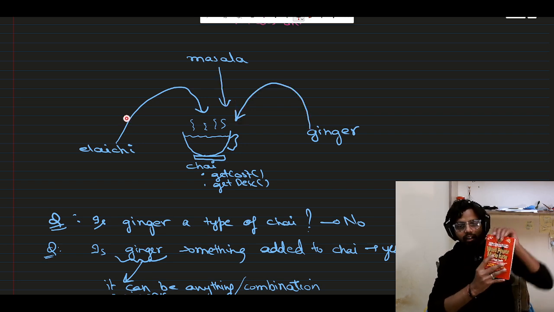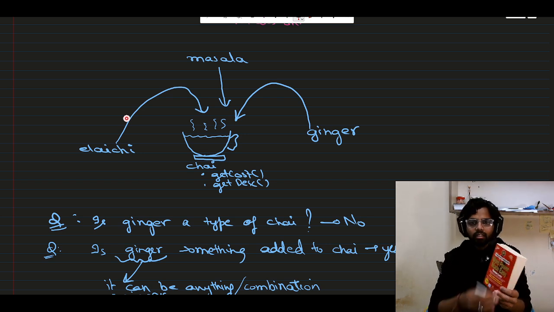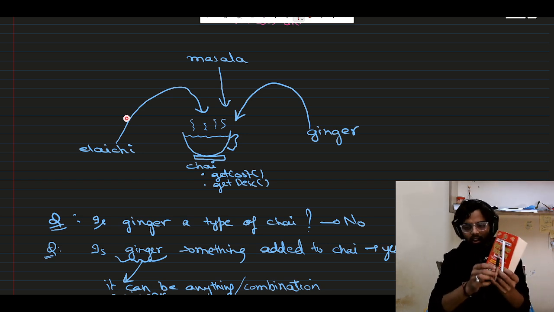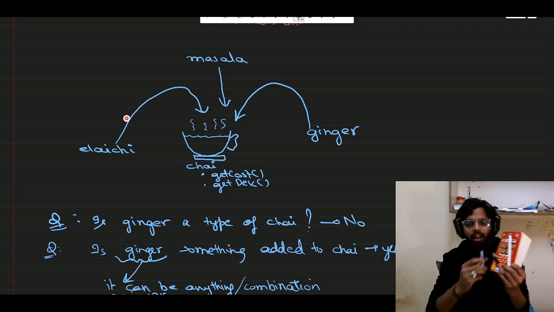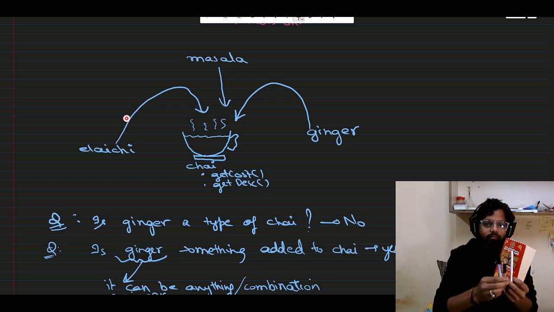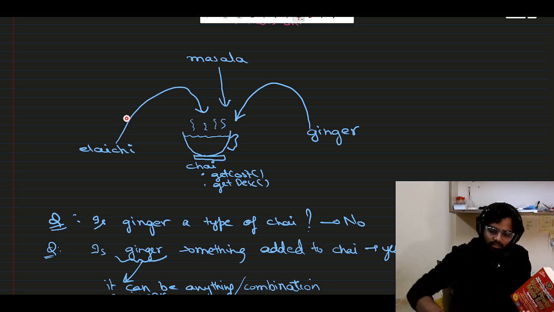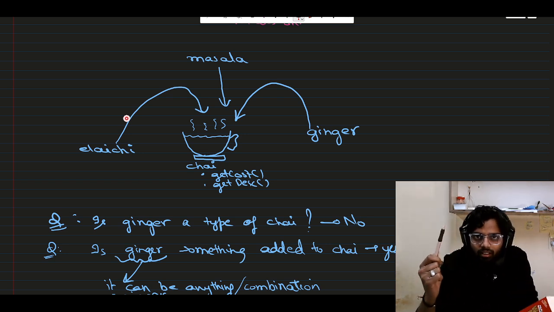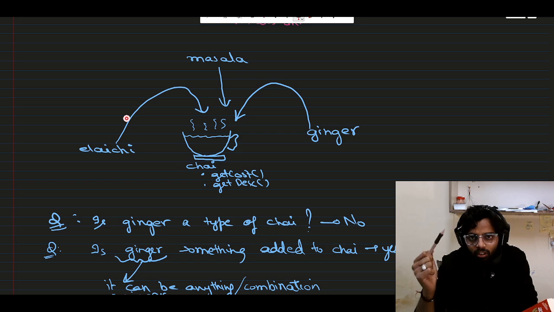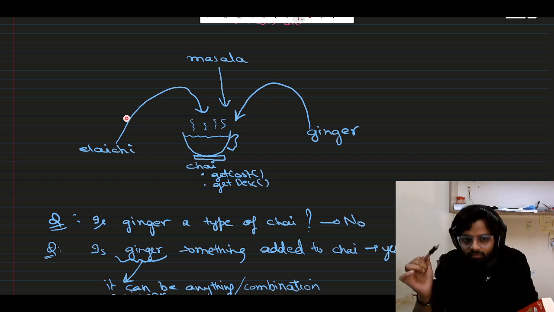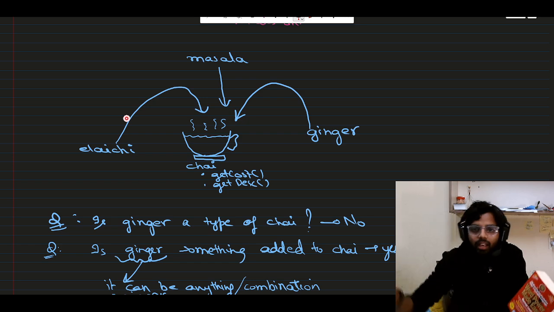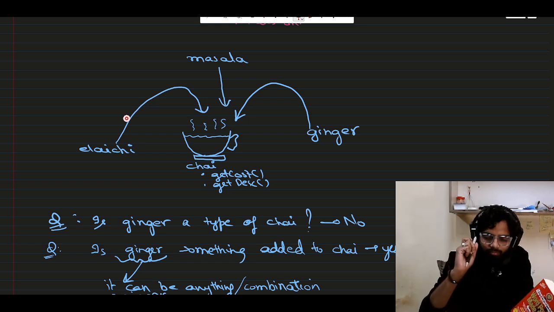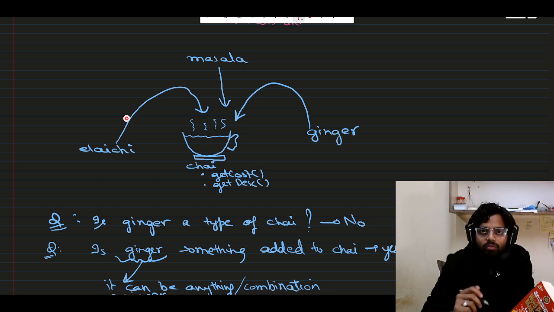Is this ginger a type of chai? No, it is not a chai. Is this ginger a separate entity? Yes. Is this ginger something that is added to this chai? Yes.